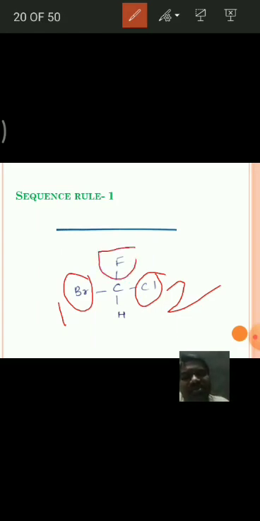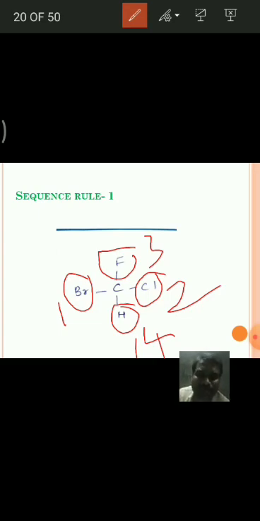The next is fluorine, which is given 3, and the least one is hydrogen. Generally hydrogen will be given the least priority, the 4th priority, because it has the lowest atomic number, that is 1. I think you have understood how to give priority by sequence rule 1.